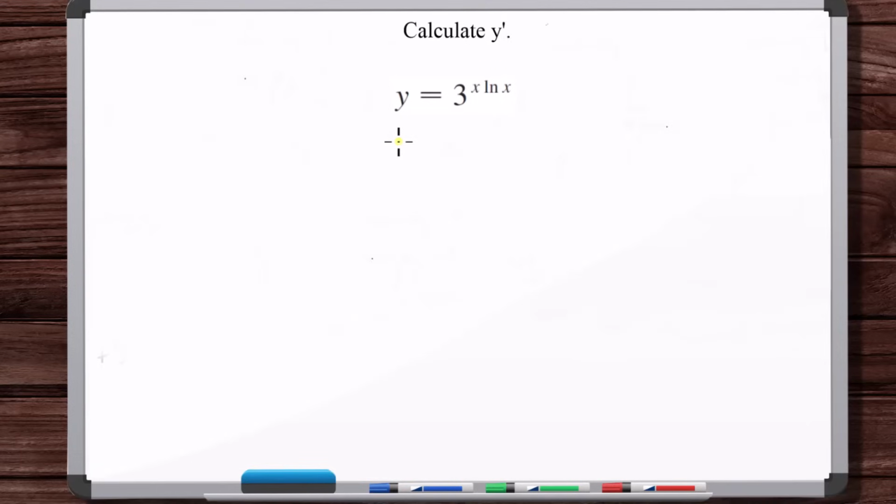Okay, here's another one I'm tempted to use logarithmic differentiation, but this is an exponential form. So we have a real number base to some function of x. So let's go ahead and use the chain rule with the differentiation of exponentials.